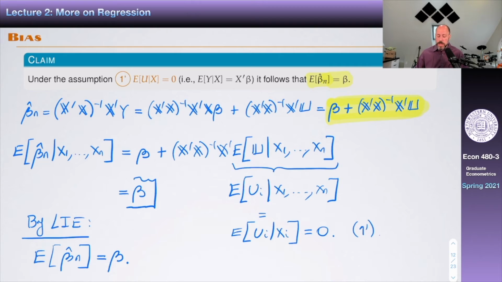And then we just took conditional expectation. Taking the conditional expectation allows us to bypass the first part that only depends on x's, and then just obtain the expected value of u given the x's, and that's 0. Any questions about this?